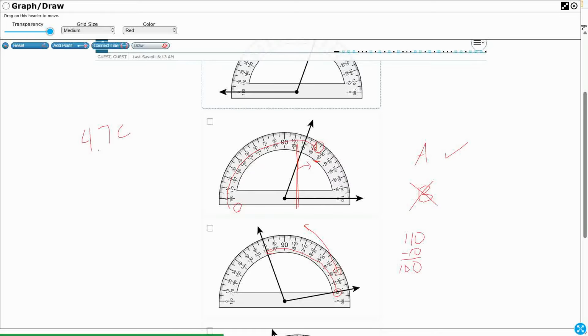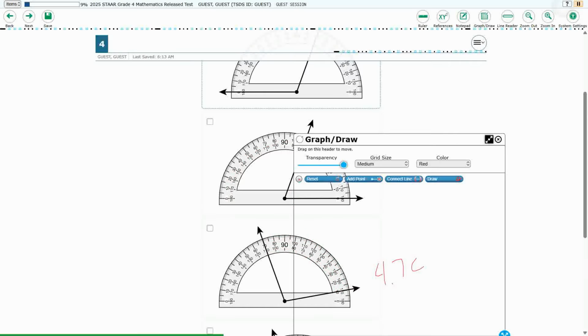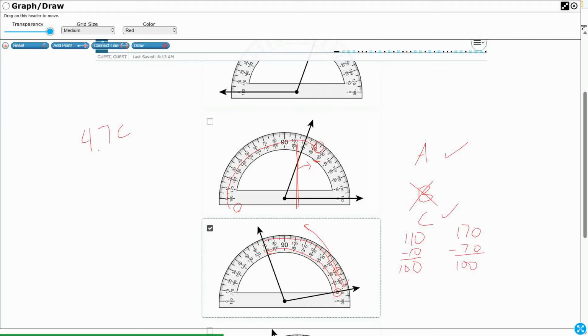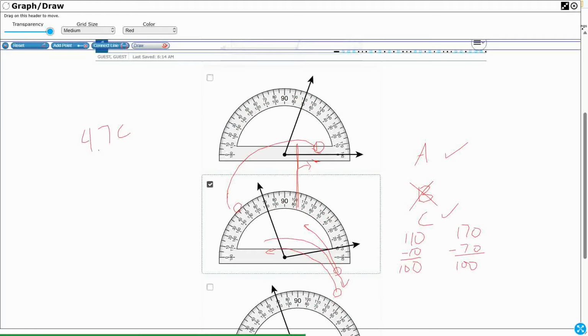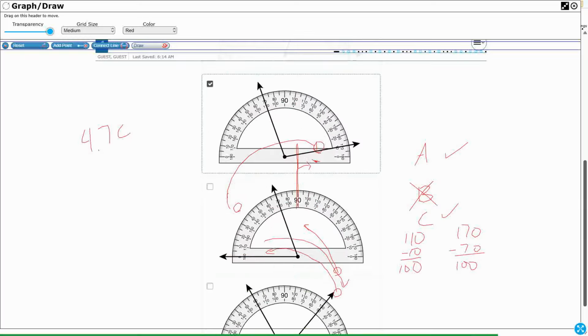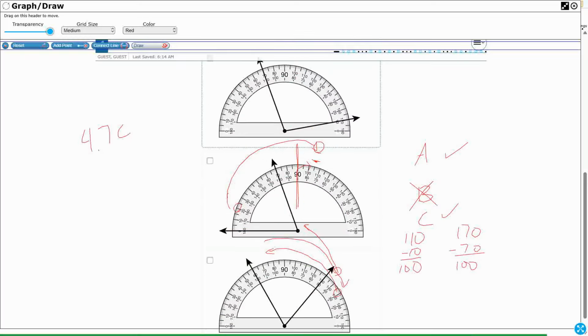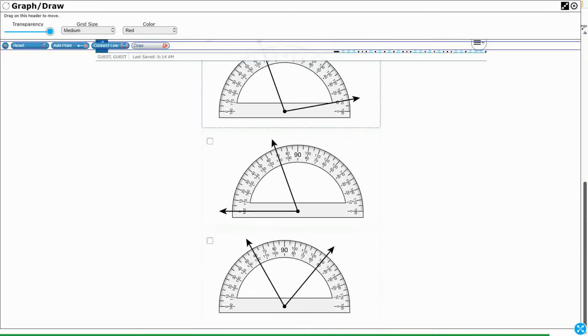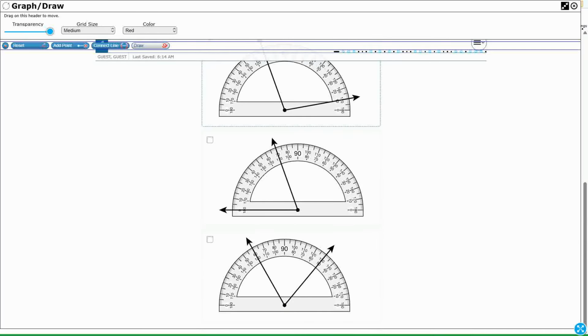Or I could do from 70 up to 170. So 170 minus 70, either way. 100 degrees, which means that's the one I don't want. So that's our answer, because it is not 70, which means the last two should be 70 degrees. Let's clear all that. These are our last two.